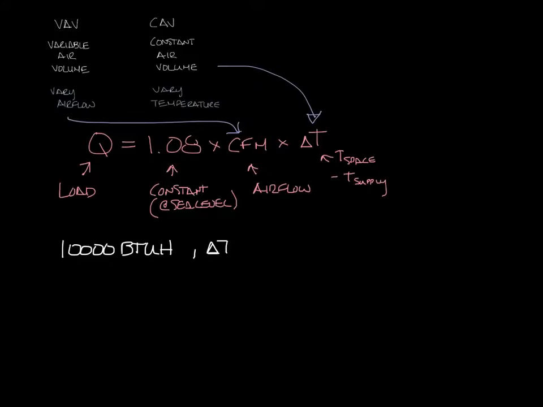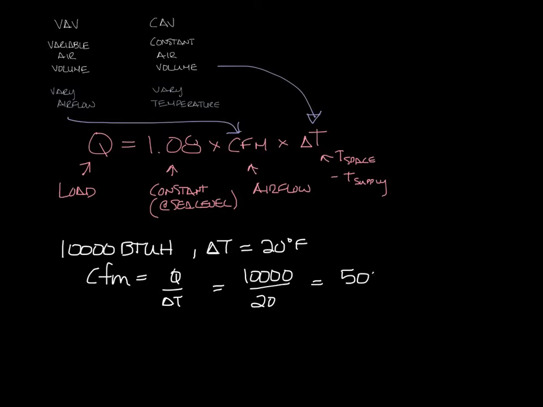In a VAV system, the delta T is usually 20 degrees, so 55 degree air into a 75 degree space. So you take the load equation and let's solve it for CFM. CFM is equal to the load divided by delta T, which is 10,000 over 20, which is 500 CFM.